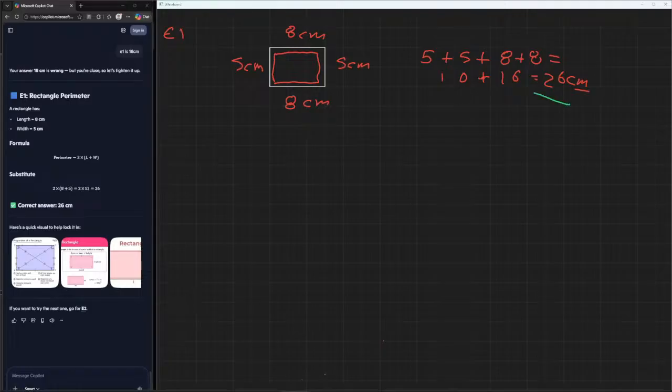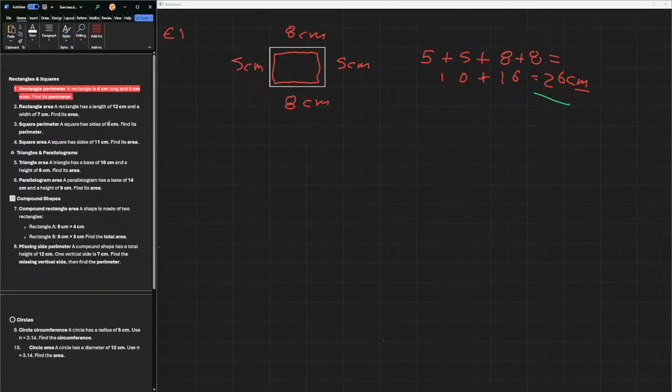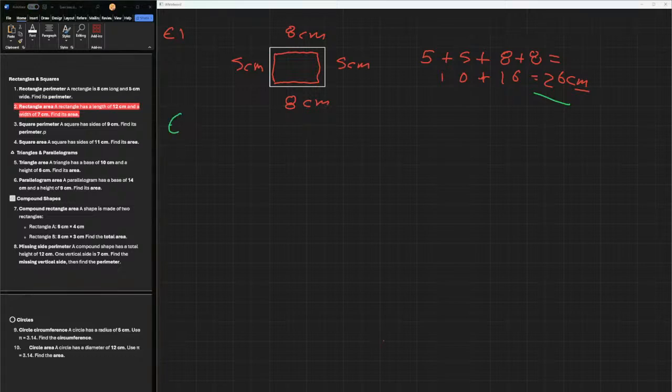All right, question 2. Rectangle area. A rectangle has a length of 12 centimeters and a width of 7 centimeters.